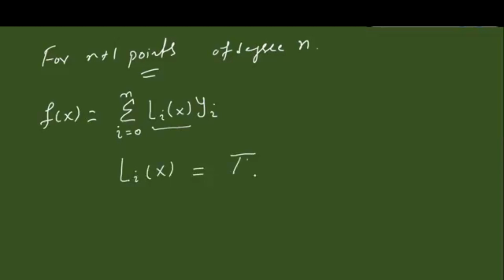This symbol I will explain. This is called the pi product symbol. It is the product of x minus xj, divided by xi minus xj.